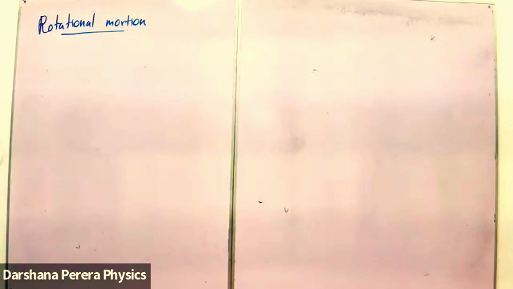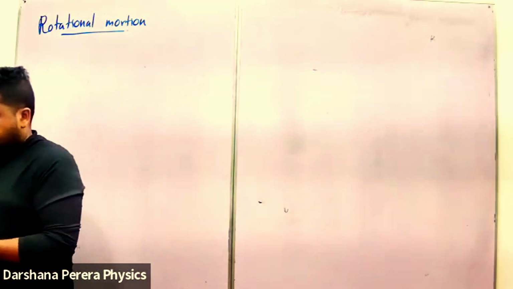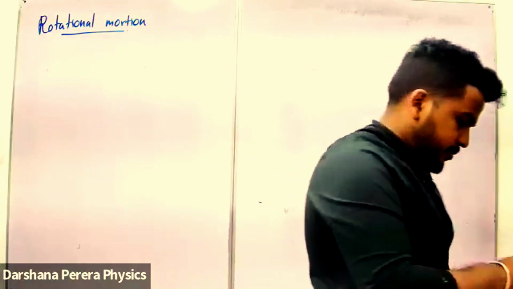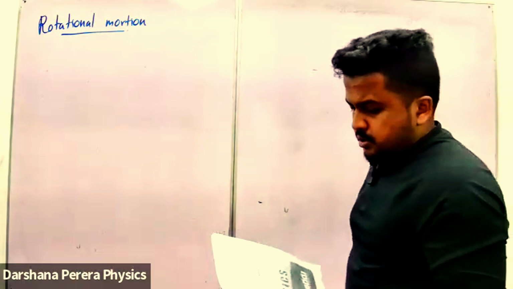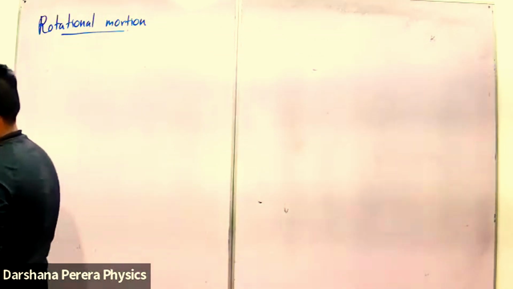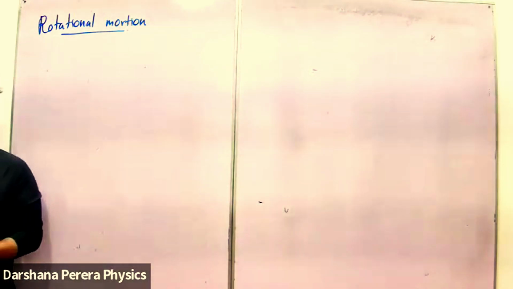Find out when an object is rotated around an axis, it is called rotational motion.